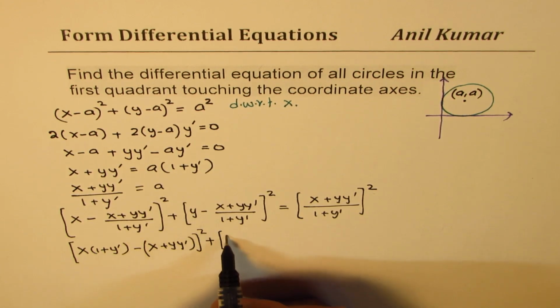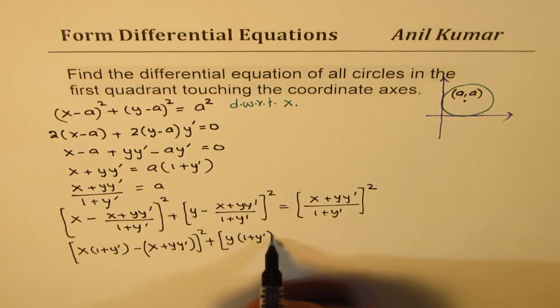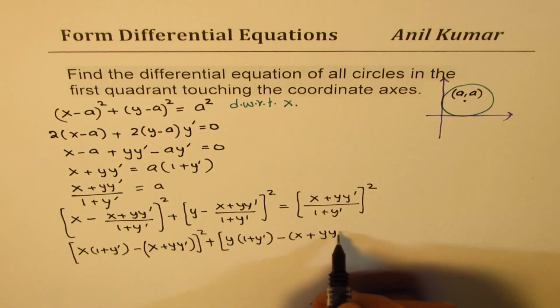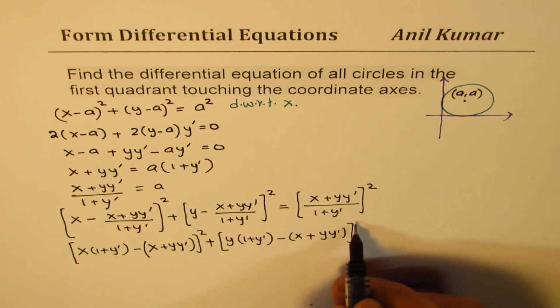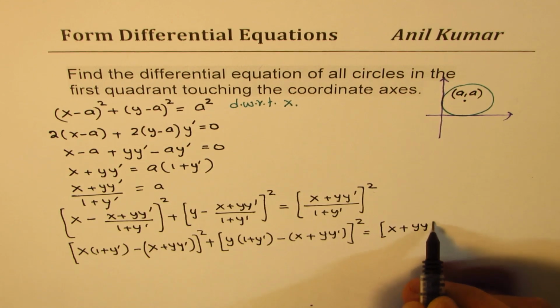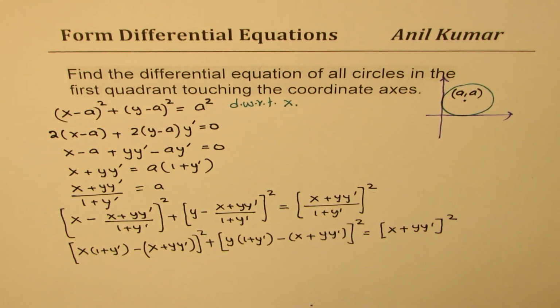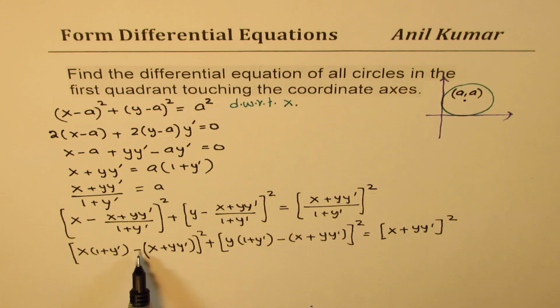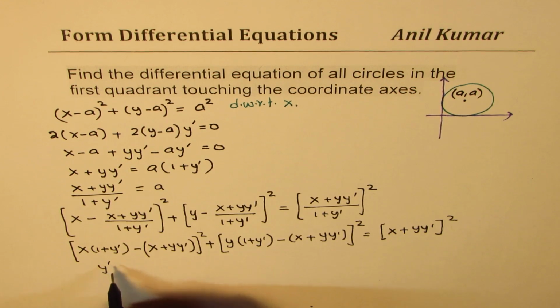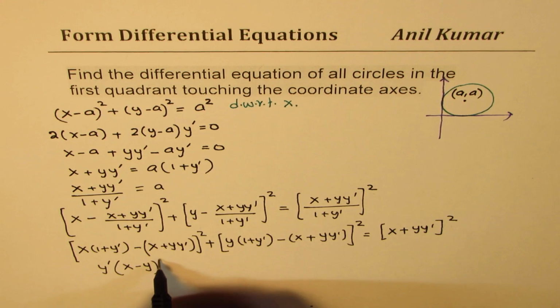Plus we have y times (1 plus y prime) minus (x plus y prime) whole square equals to (x plus y prime) whole square. Okay. Now here we have x minus x, which cancels, and then we have x y prime minus y prime. So this portion we could write as y prime times (x minus y) whole square.